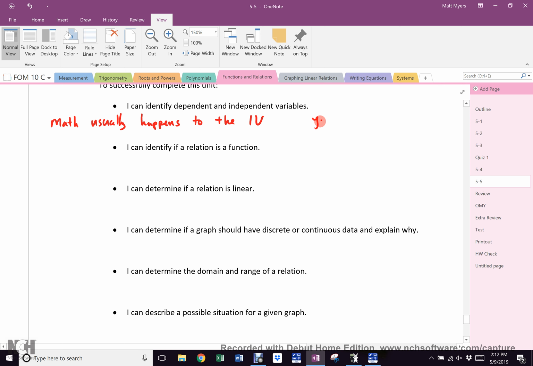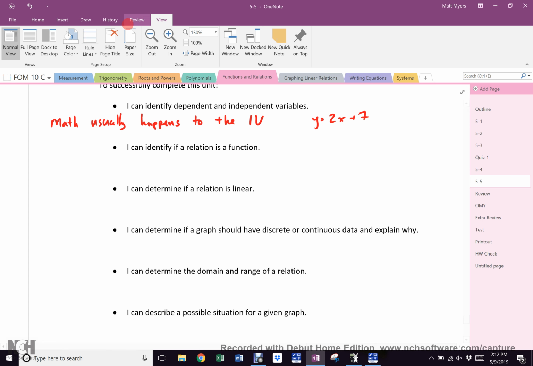So, y equals 2x plus 7. The math is happening to the x. The math is changing the x, which results in a new y. So y depends on what happens to x. Yeah?